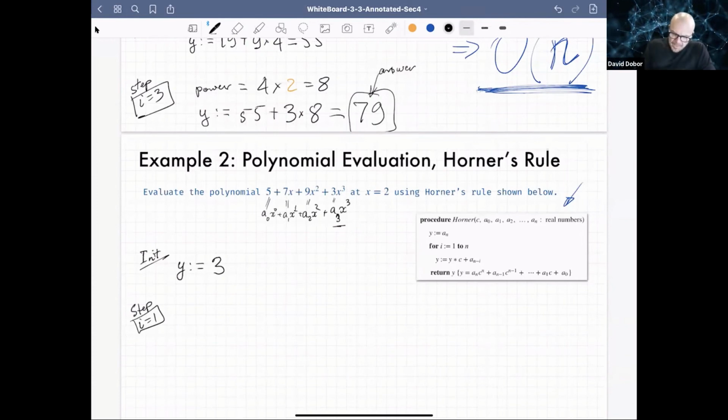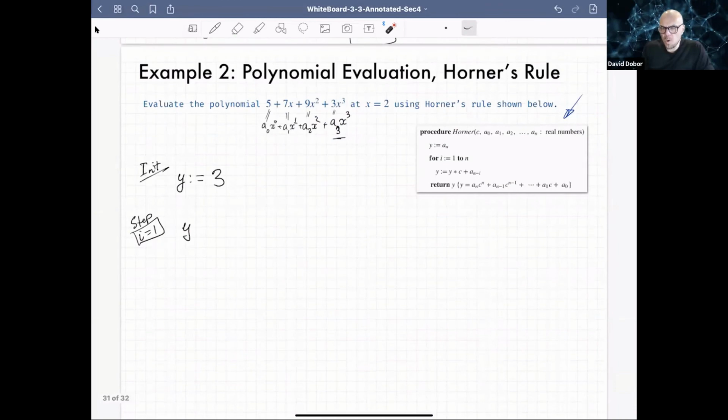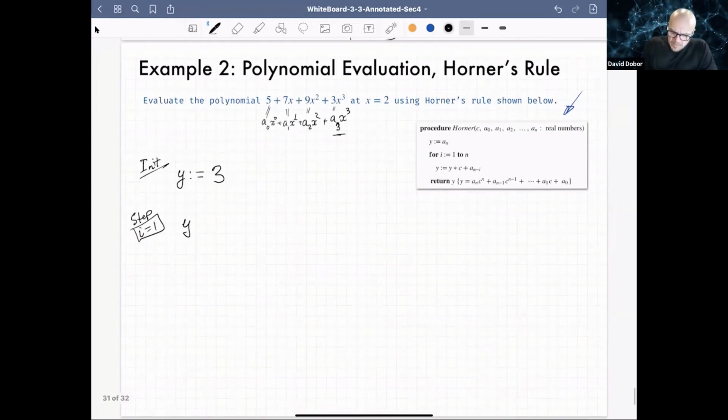Notice that he just has one line here. Before, we had 2 lines. He just has one line and does one multiplication inside of it. So y is going to be 3 times c, which is still 2. Just to be clear, c is 2. So at x equals 2, we're evaluating this thing. So c is 2.